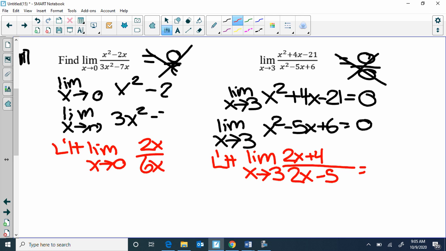Now I will try to plug in 3 again. 2 times 3 gives me 6 plus 4 is 10. 2 times 3 gives me 6 minus 5 is 1. Therefore, the limit as x goes to 3 of x squared plus 4x minus 21 over x squared minus 5x plus 6 is 10.